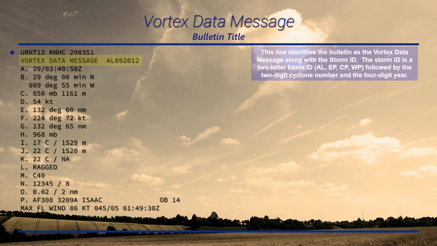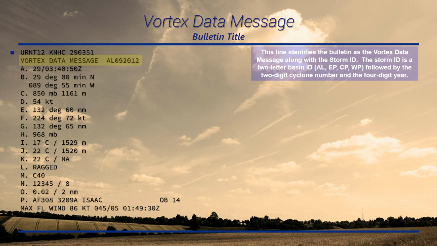Following that's going to be the title. After that, you'll see the AL over here. This is going to be your two-letter basin, so AL for Atlantic, EP for the Eastern Pacific, etc. The cyclone number and 4-digit year. So in this particular case, this is the 9th cyclone of the 2012 Atlantic hurricane season.